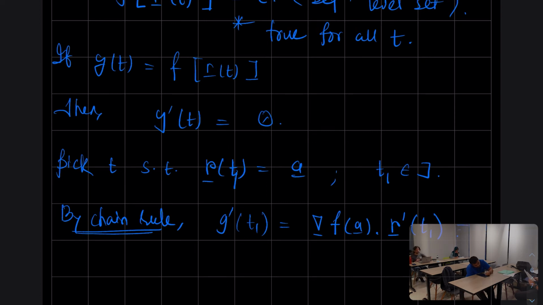So this is 0. What we have been able to show is that this is the tangent vector to the curve gamma at A, and our gradient is actually orthogonal to it. It's the gradient that's going to help us to nail down the surface.